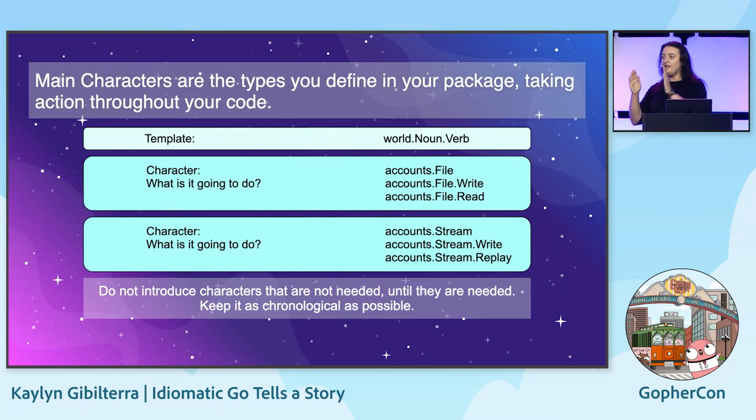So we can define those verbs pretty quickly. And then once we've defined those verbs, we can start to really think about what is the type, what is the noun, what is the character that is making all of those actions happen, that is tracking we were successful in those actions, that was making sure as we moved along in our plot, we finish everything, get it done, and can move along successfully in our code.